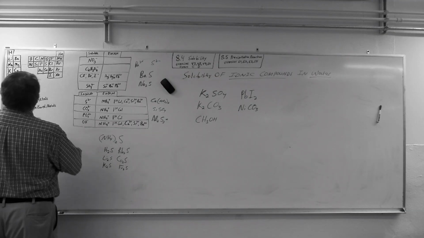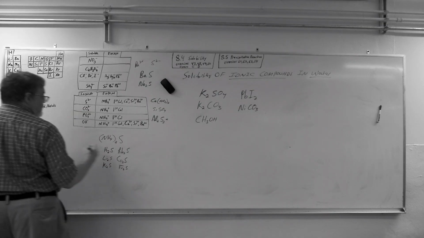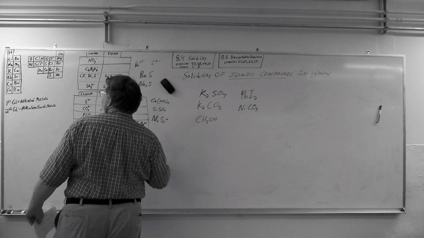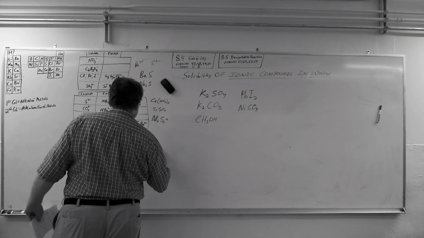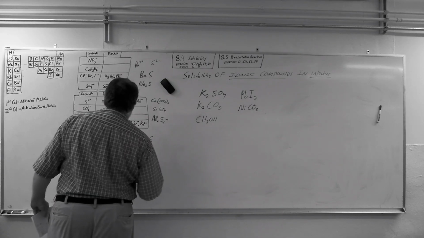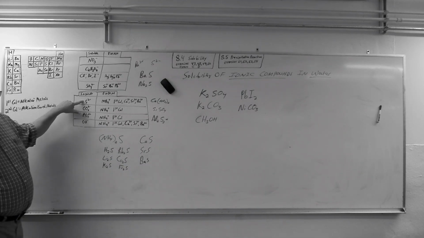That's the second column, that's these. So those would be CaS, SrS, BaS. What I've just done is written down all the exceptions to this.